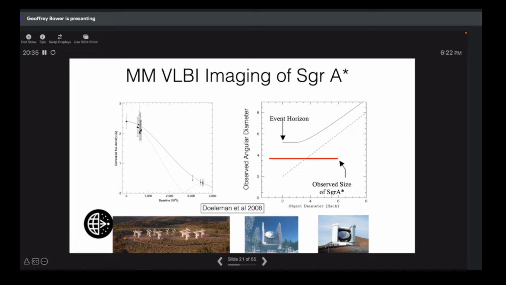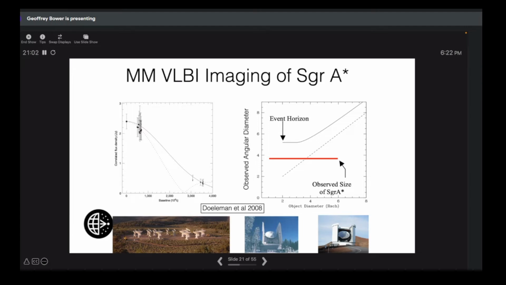Right, so I'll take a moment here to talk about how an interferometer works and what these measurements mean. An interferometer on each baseline, each antenna pair, measures one component of the two-dimensional Fourier transform of the image brightness on the sky.